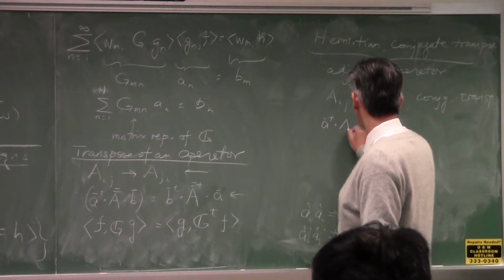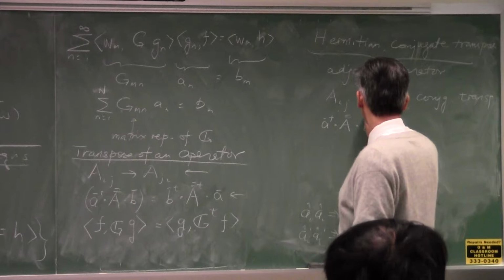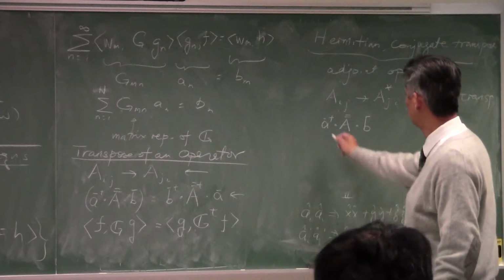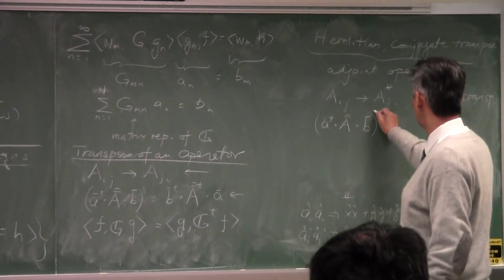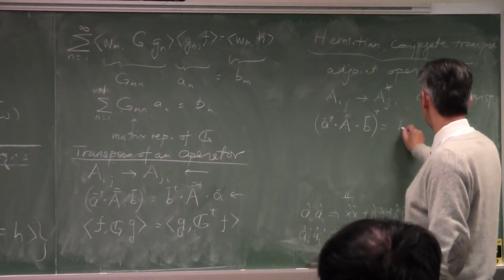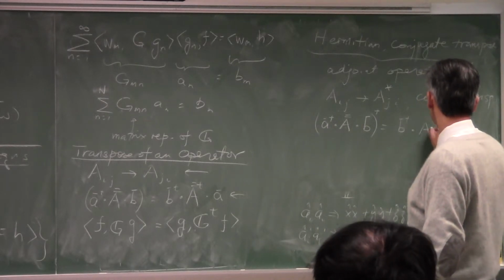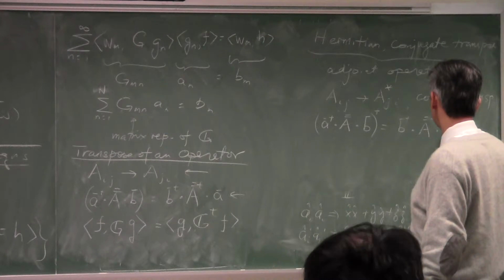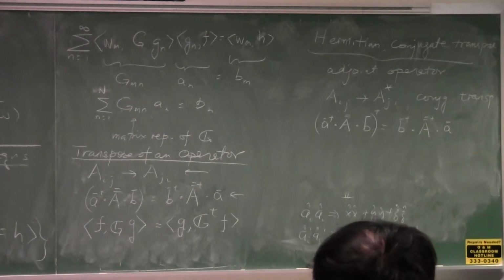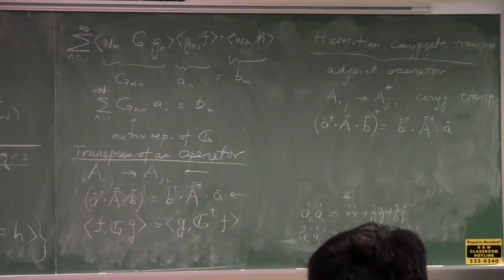We define the conjugate transpose in matrix algebra to be equal to this times that. That is what we learn in matrix algebra.